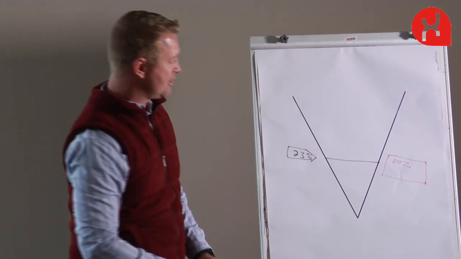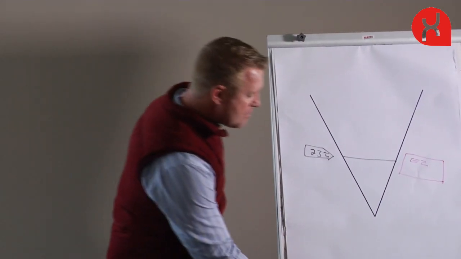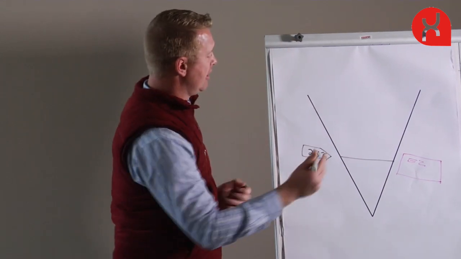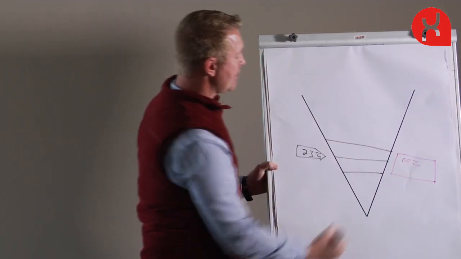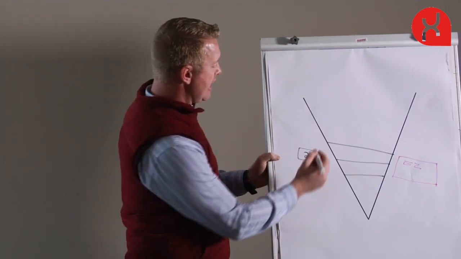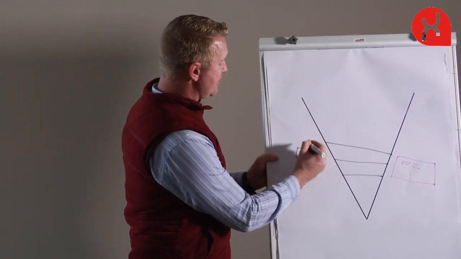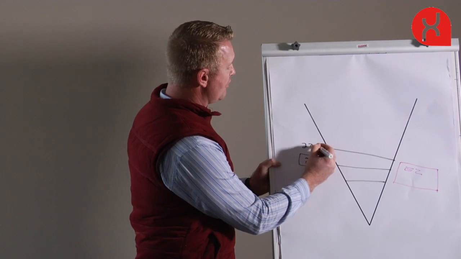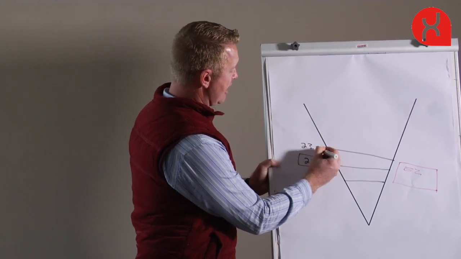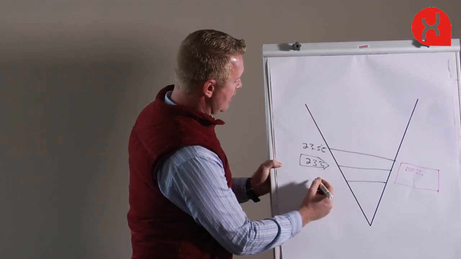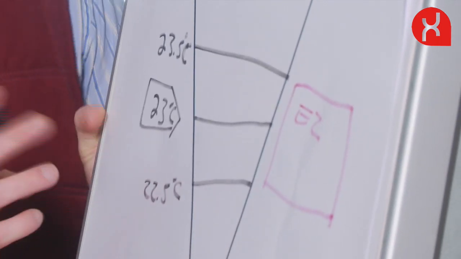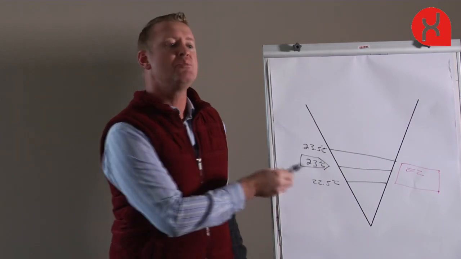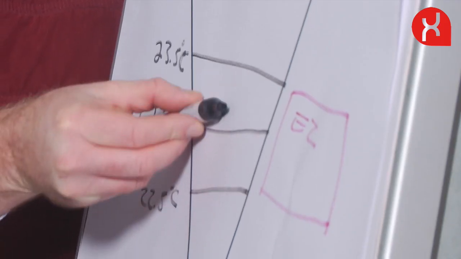The idea is, let's create a kind of dead space. So we will say, if the temperature goes to 23.5 degrees Celsius, or let's say 22.5 degrees Celsius, we're going to leave some room for it to move in that area.